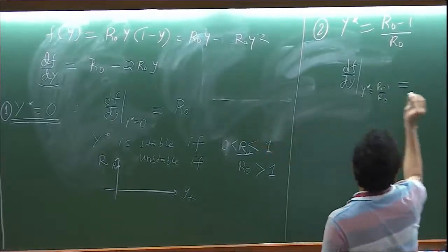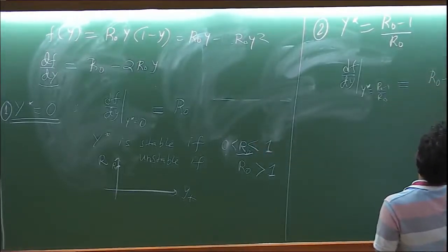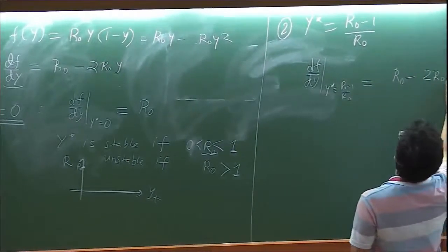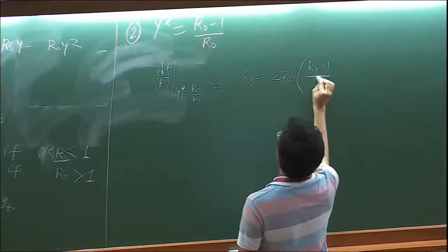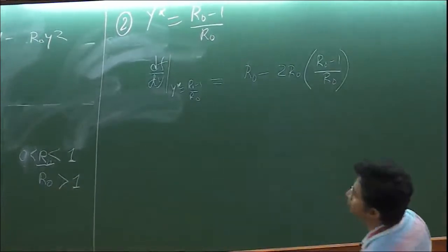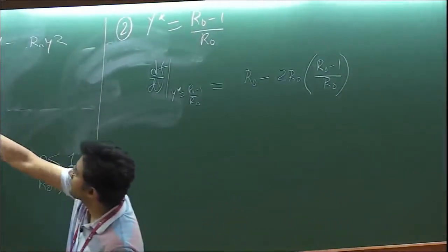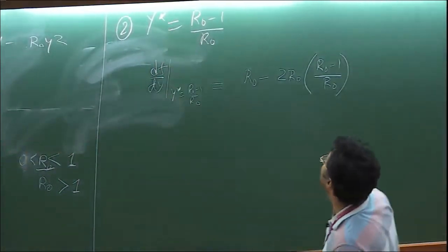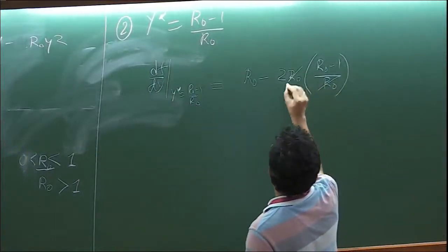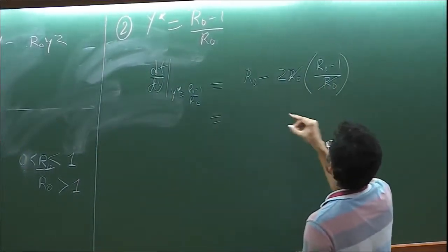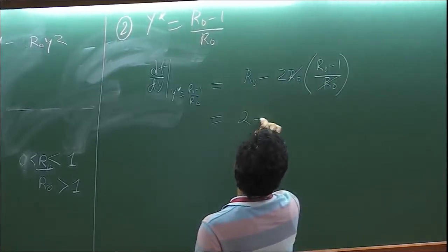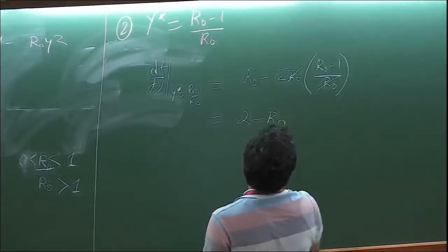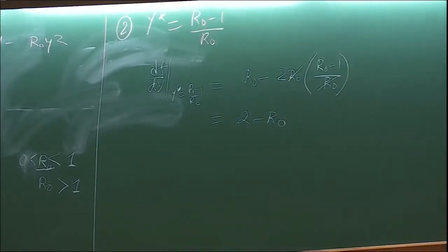The first term is the same as R0, the second term is 2R0 times y, where I have now substituted the new y star. Okay, so this R0 cancels and I will be left with 2 minus R0, right? Is it correct? I hope I haven't missed any terms.